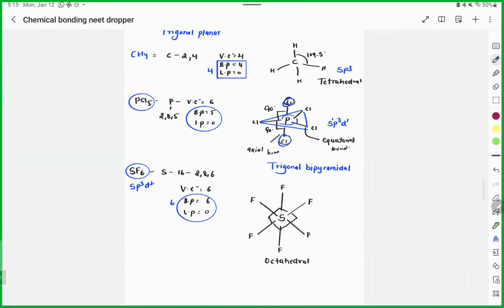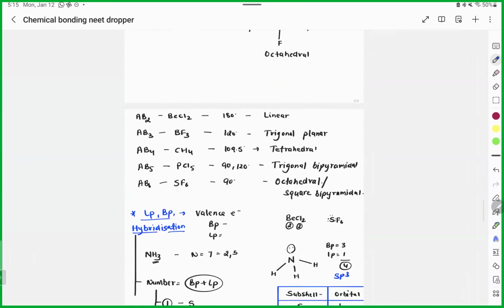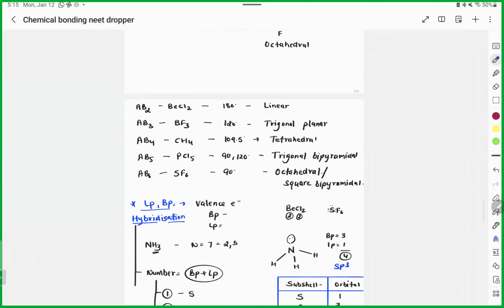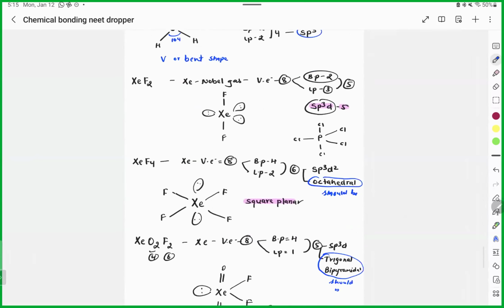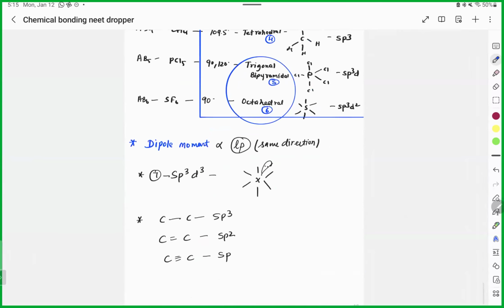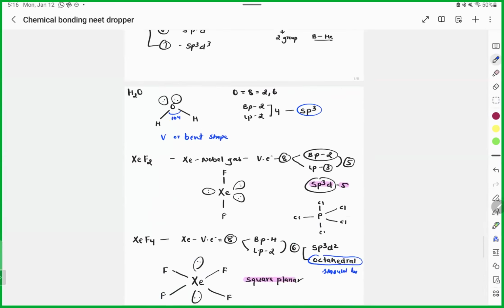This is so crucial. Everything is related to this. In a given compound, what is the angle, what is the shape, geometry, and what will be the hybridization. This is what we're going to do. And every time I will repeat the same thing 2, 3 times. Reason? Because 50%. And this is the complete thing.